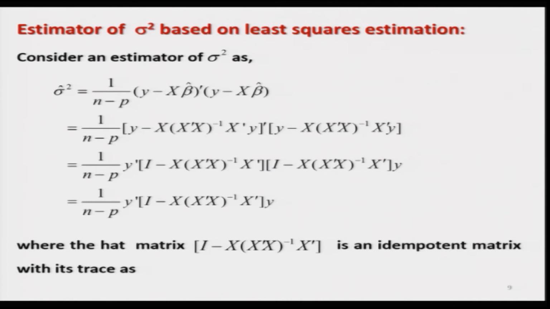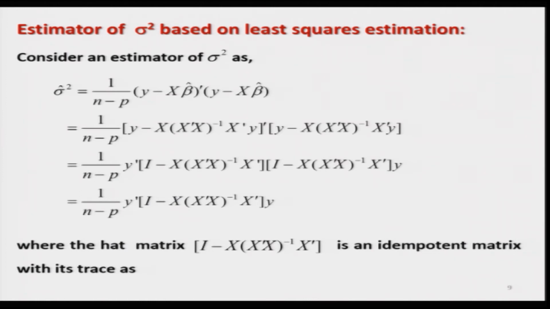One is the least squares approach, and the second is maximum likelihood estimation. Up to now we have considered the least squares estimation of the parameter beta. Now, we will consider the least squares estimation of the parameter sigma square, and after that we will consider the maximum likelihood estimation of beta and sigma square.